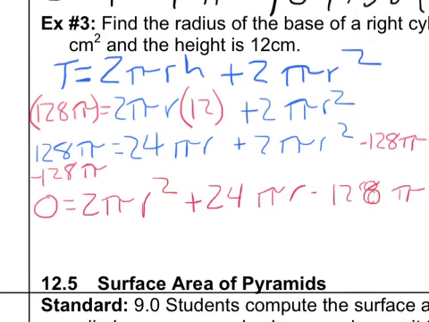And now we have to see if there's anything we can factor out. I have a pi in every single term. And I have a 2, 24 can take out a 2, and 128 can take out a 2. So I can actually take out a 2 and a pi in every single term. So let's do that. And I even have to do it to the 0.